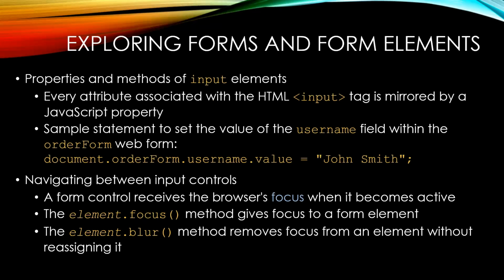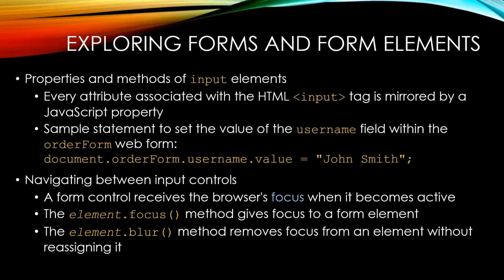Every attribute associated within the input tag is mirrored by a JavaScript property. So a sample statement: let's set the value of the username field within the order form web form to give it a value. That is basically taking text and putting it into the text field, say as suggestive text or starter text.